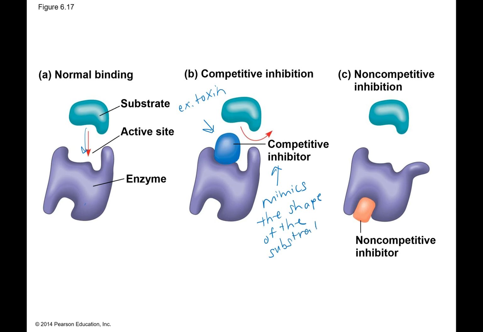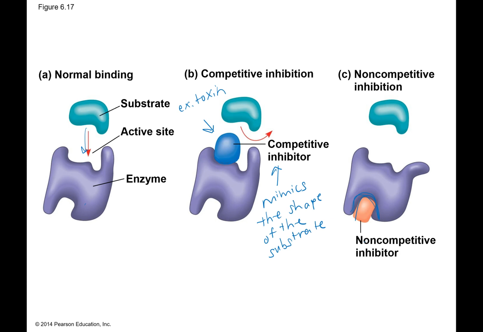All right, and then there are also other kinds of molecules similar to your, again, toxins, poisons, things like that, non-competitive inhibitors. Non-competitive inhibitors bind to another space on the enzyme. Sometimes it's called an allosteric site. When you watch Mr. Anderson at some point, either this week or next, you'll hear him talk about that.